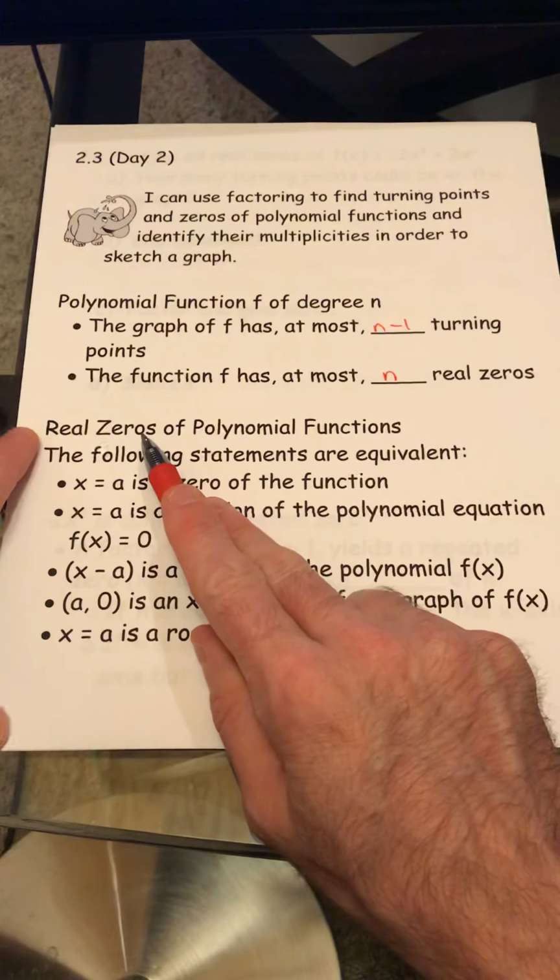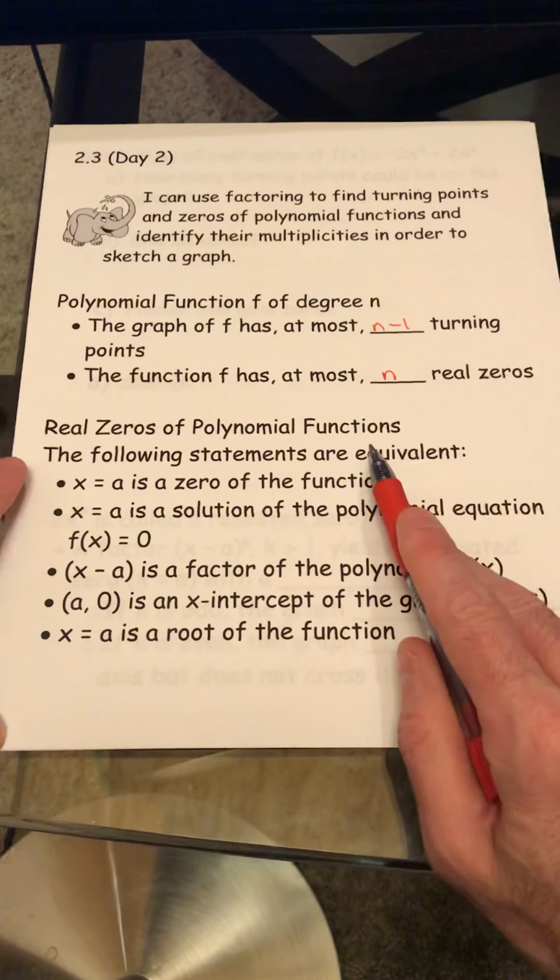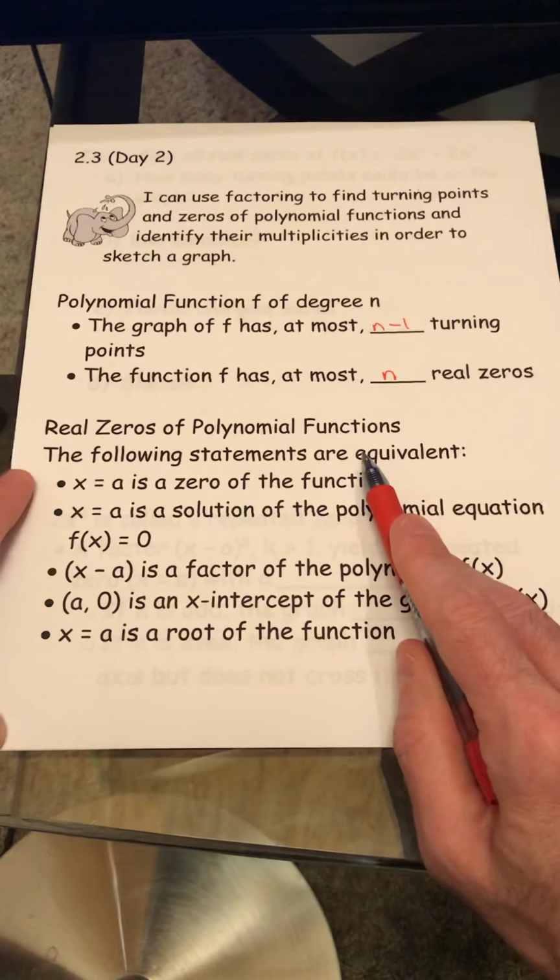When we talk about real zeros of polynomial functions, there are a lot of statements that basically all mean the same thing. X equals a is a zero of a function. X equals a is a solution of the polynomial equation f of x equals 0.